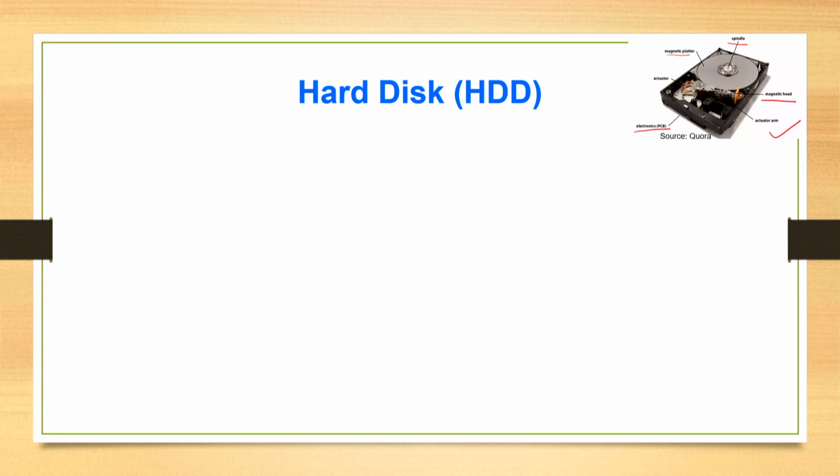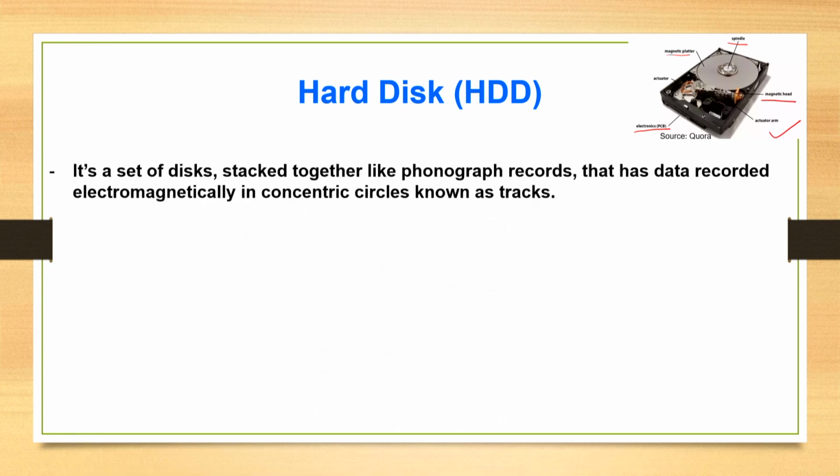I will discuss it in detail. A hard disk is a set of disks stacked together like phonograph records that has data recorded electromagnetically in concentric circles known as tracks.